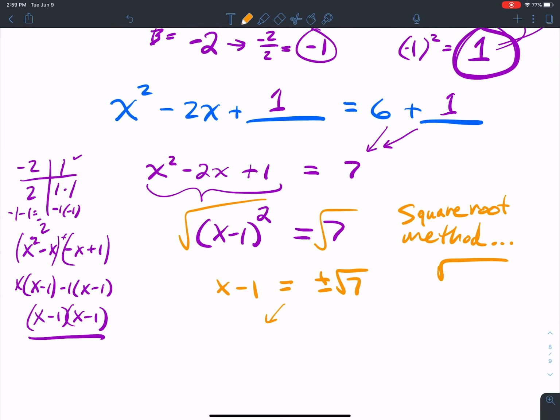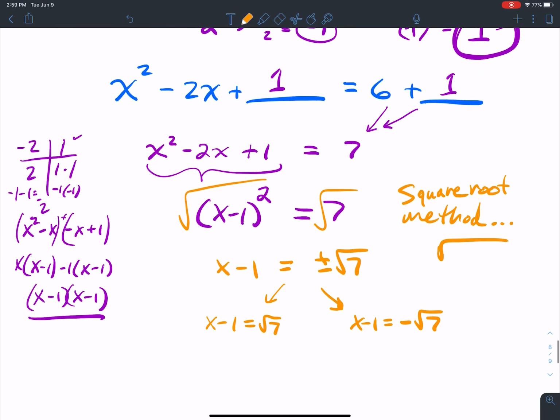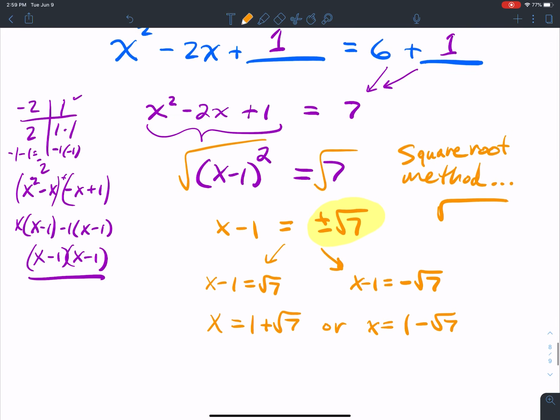So that tells me x minus 1 equals the square root of 7, or x minus 1 equals the negative square root of 7. That plus or minus going on right there. So that means x equals 1 plus the square root of 7, or x equals 1 minus the square root of 7. And that, my friends, is your answer.